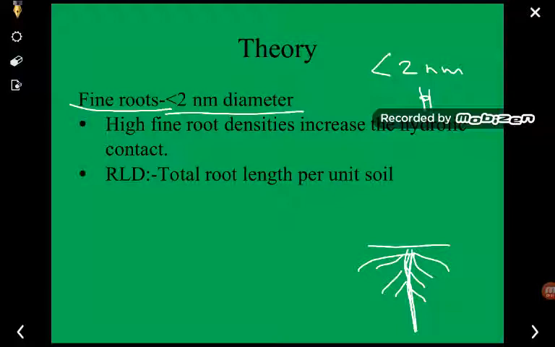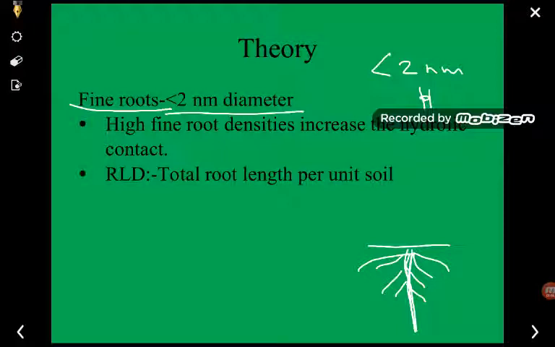Their main role is controlling the nutrient and water cycle in the plant and the ecosystem. So these roots are very important, and their main function is the uptake of water and minerals from the soil to the plants.